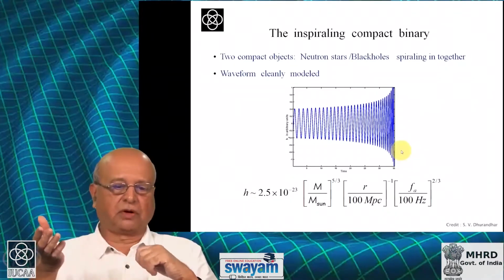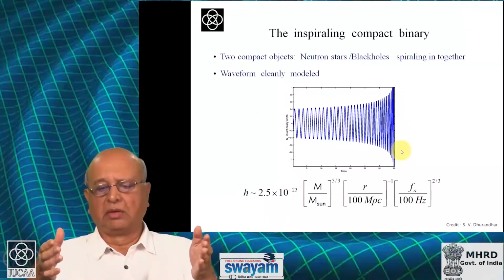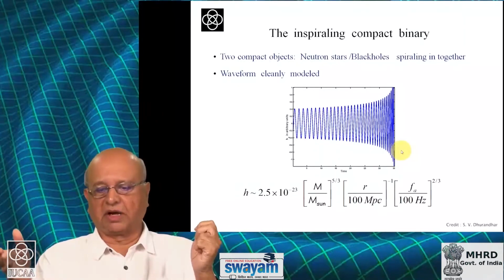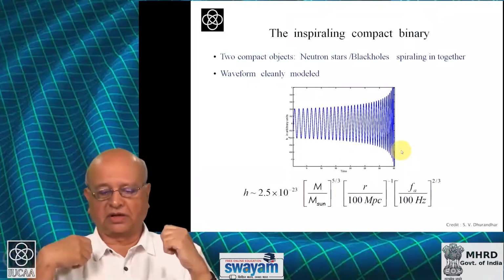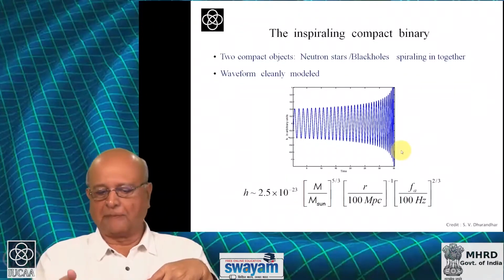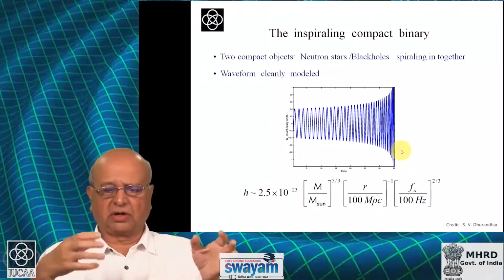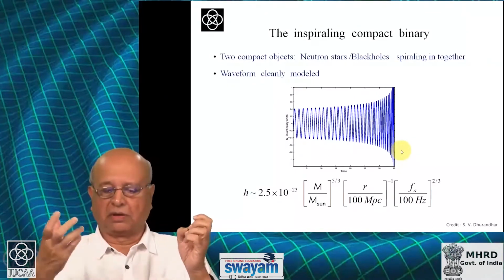This is the simplest waveform, and we are not going into the more complicated waveform with post-Newtonian terms, but we will go into it in the later part of the lecture. Then the h looks like this, as I have already written down here. The M is called the chirp mass, a certain combination of the masses of the binaries.